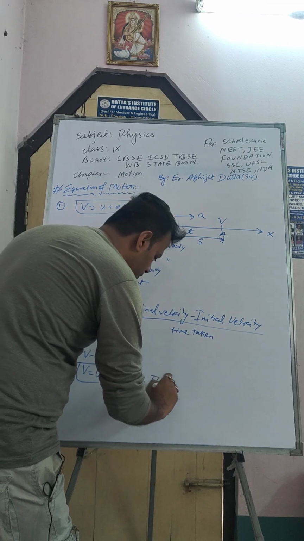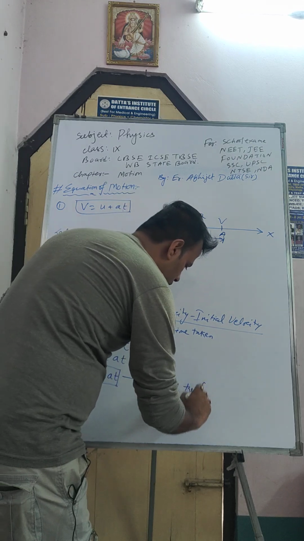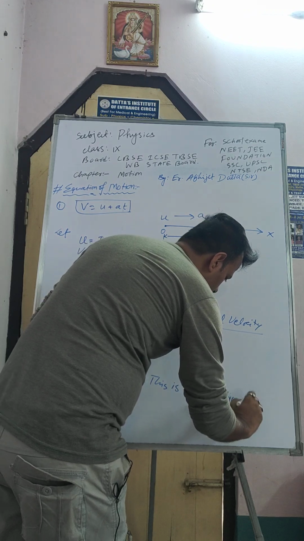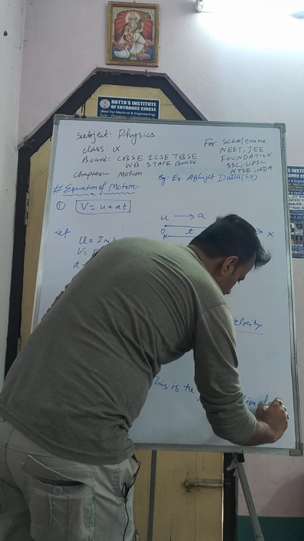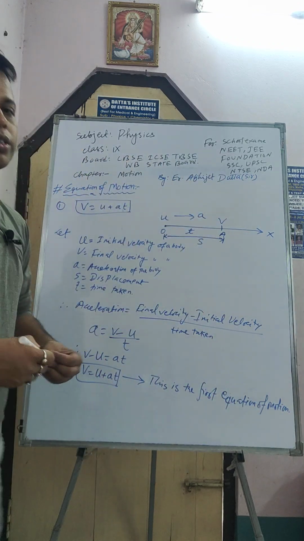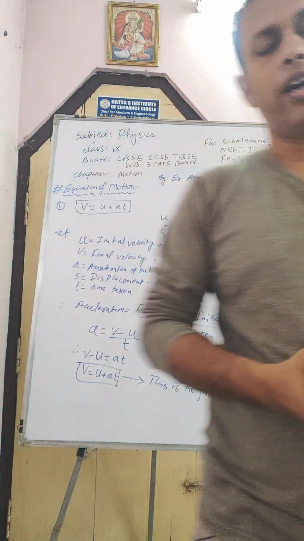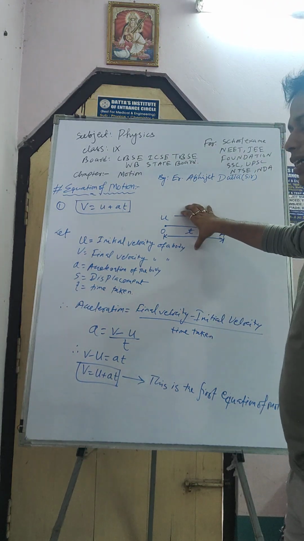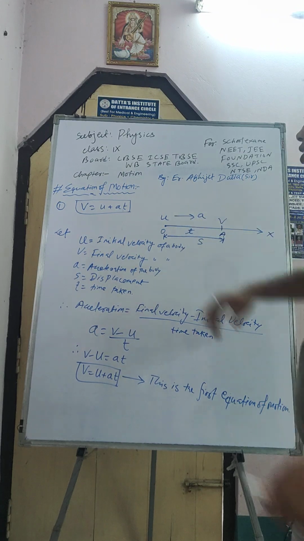This is the first equation of motion. Got my point? So how did I derive it? First, you have to write this diagram and understand it.